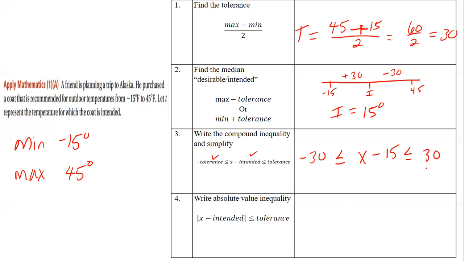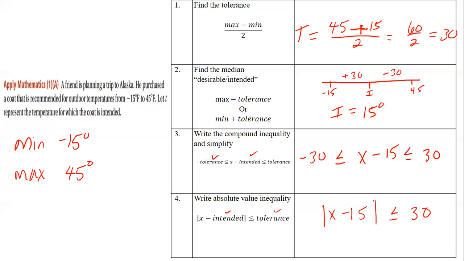So that's our compound inequality. I also can write it as an absolute value inequality because I have an intended and a tolerance. My absolute value inequality is |X minus 15| less than or equal to 30.